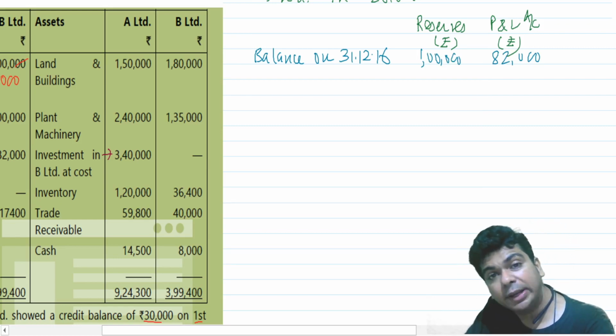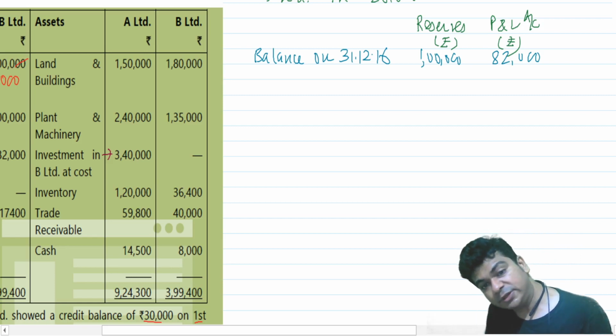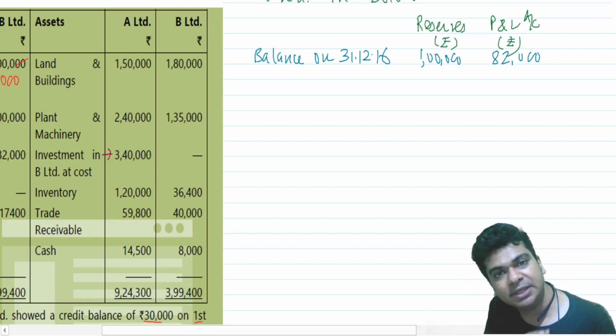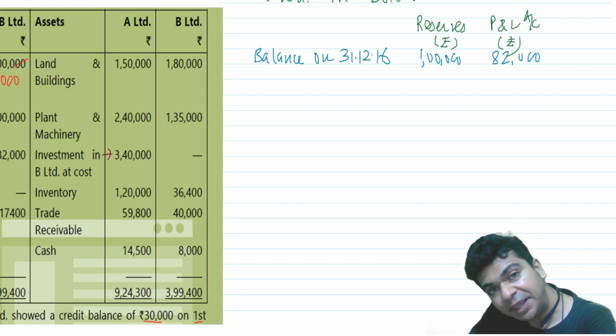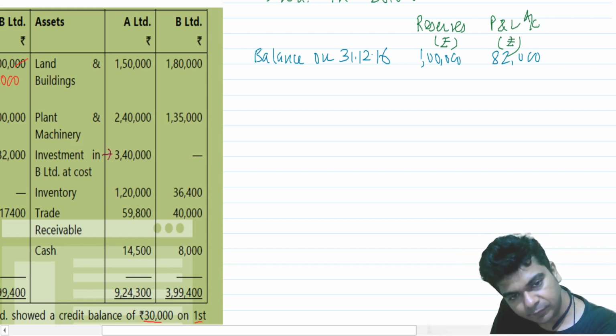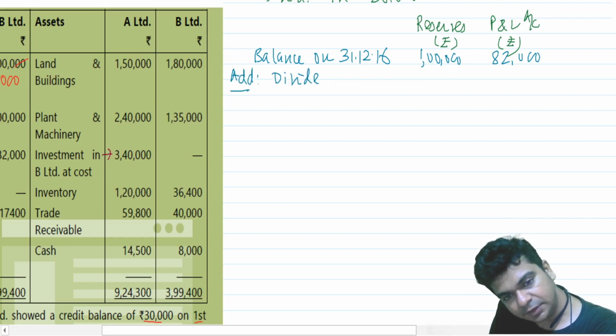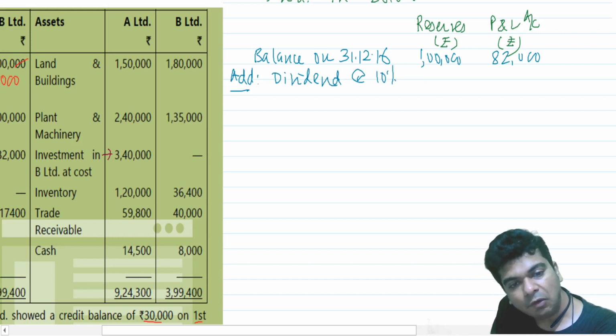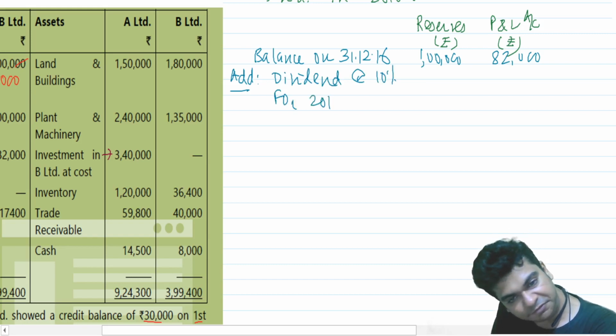This time there is a point of dividend. Now this closing balance that we have in the P&L obviously will be after paying the dividend. So we will add back the dividend. We'll say dividend at the rate of 10% for 2015.